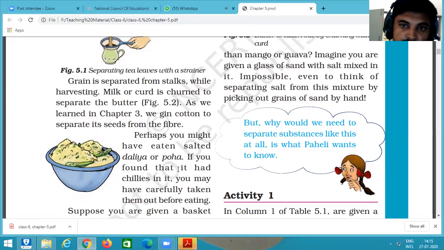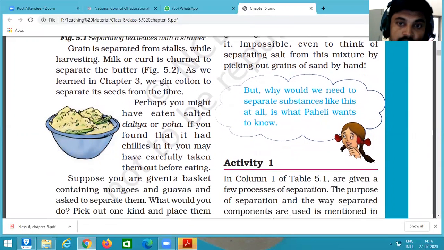So these are very simple methods, because these particles have a large size. But if I told you to separate salt particles from dust or sand, it is difficult. Why? Because these particles have a very small size.